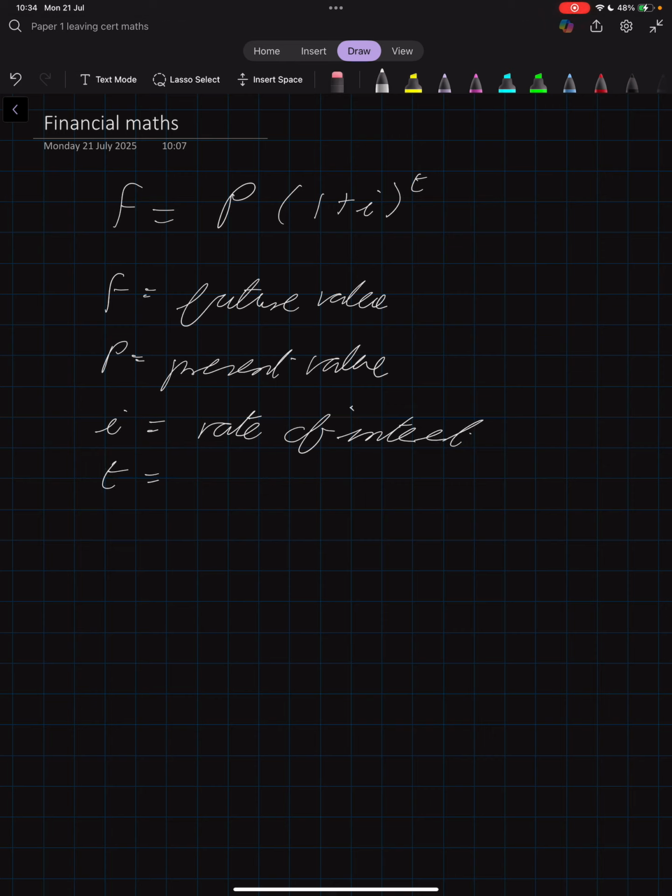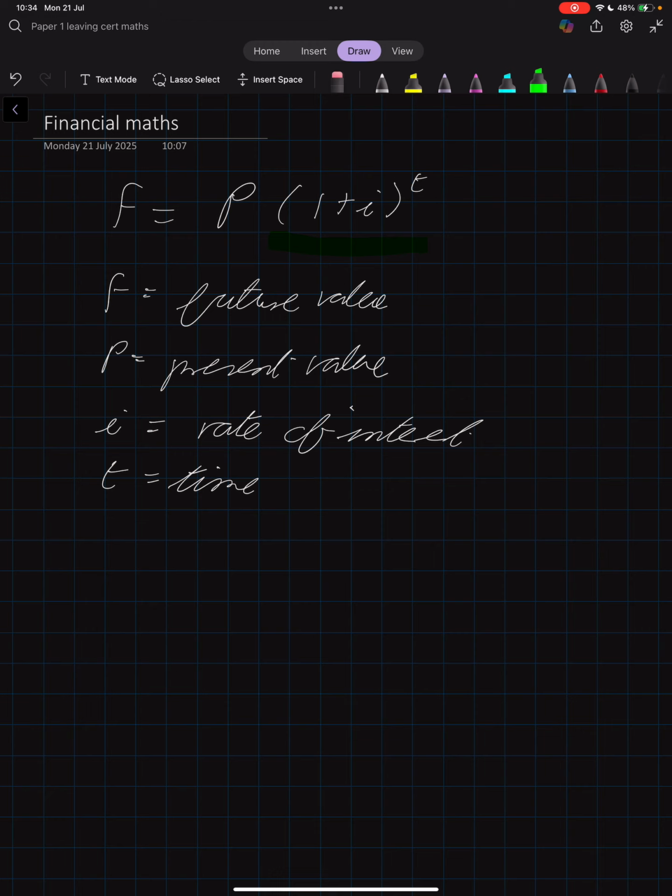And then T is just time. So basically, what you're saying is that in the future, it'll be worth the present value multiplied by 1 plus I to the power of T, which is your interest rate on your present value. And then you just multiply it and you get it.